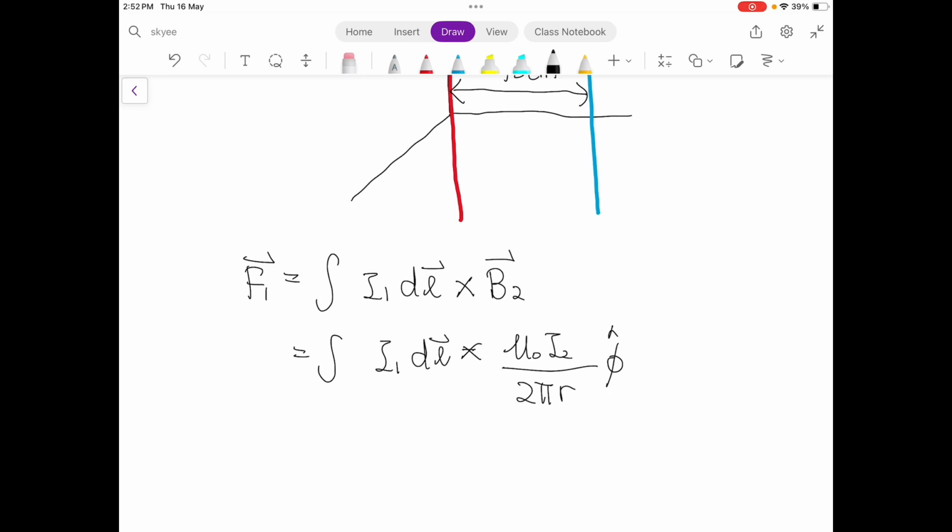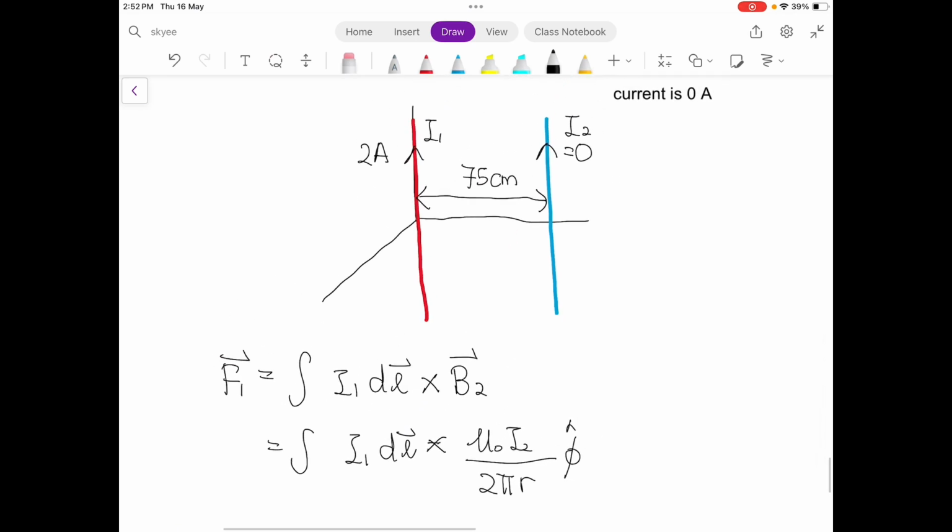Look at this case. Do you have an I2? You don't have the I2. The I2 is 0, showing us that all these things will turn to be 0. There is no force acting on the I1. You see the reason why the F1 is 0.